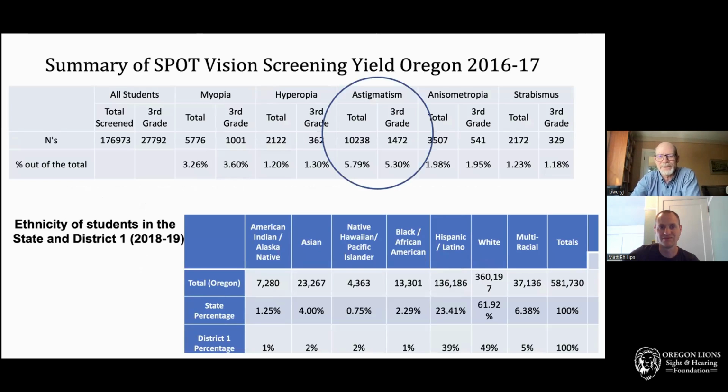Again, astigmatism is the number one reason why kids fail. And particularly in the district that we were looking at, there's a large proportion of children who are Hispanic, and we know that Hispanic children tend to have a higher likelihood of astigmatism and a higher amount of astigmatism. And so that seems to be why we in Oregon have a higher percentage of children who fail for astigmatism.